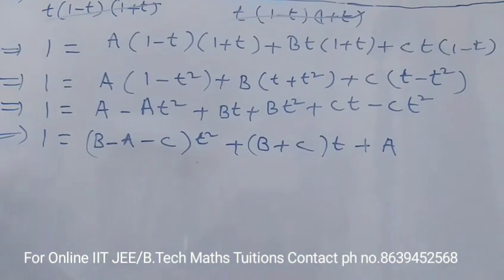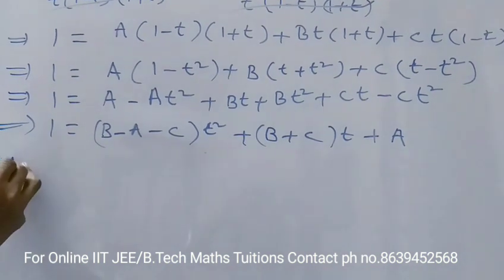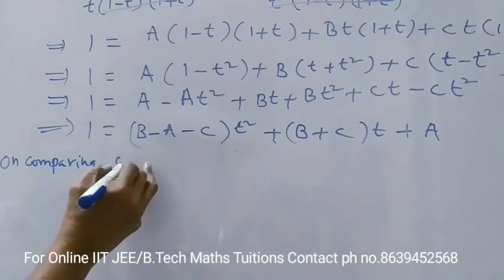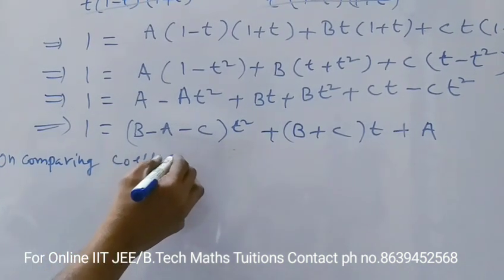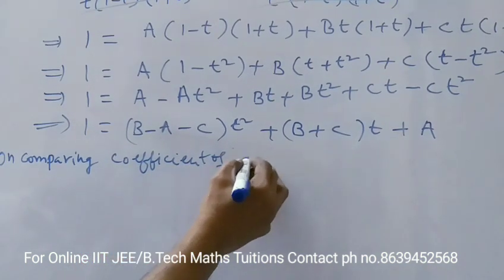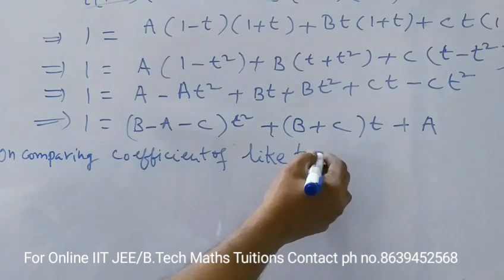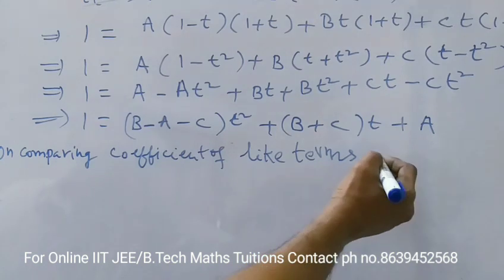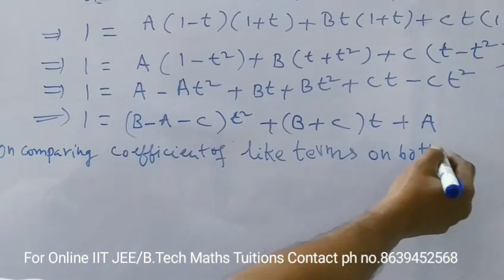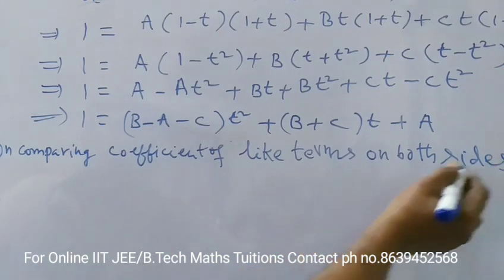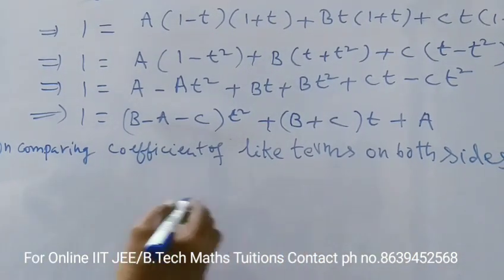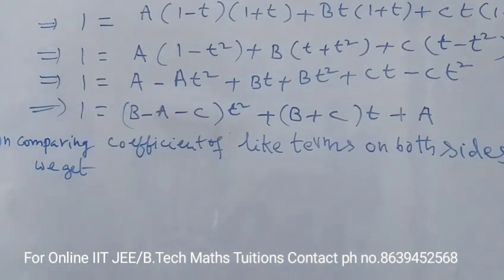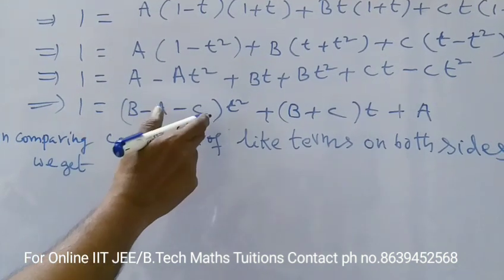Now on comparing coefficients of like terms on both sides, we get b minus a minus c for the t square term.